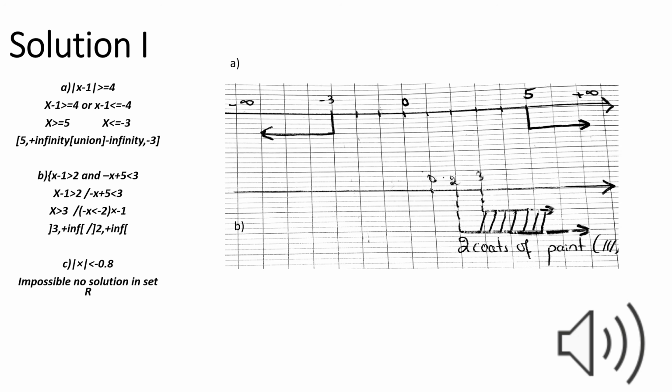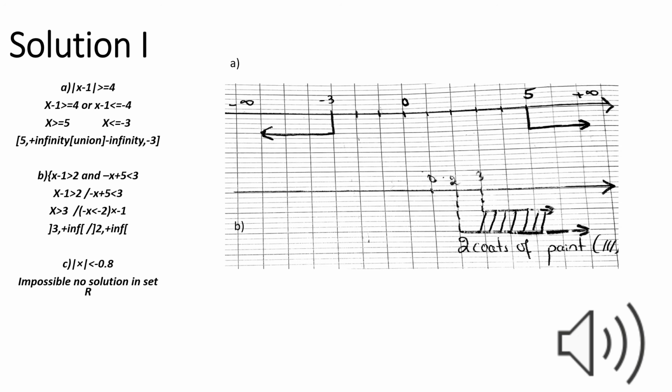G. X plus 1 is a sixth root of 64. X plus 1 is a sixth root, which means power 6, of means equal, 64. X plus 1 all to the power 6 equal to 64. It looks like x power n equal to a where n is even, a is positive.